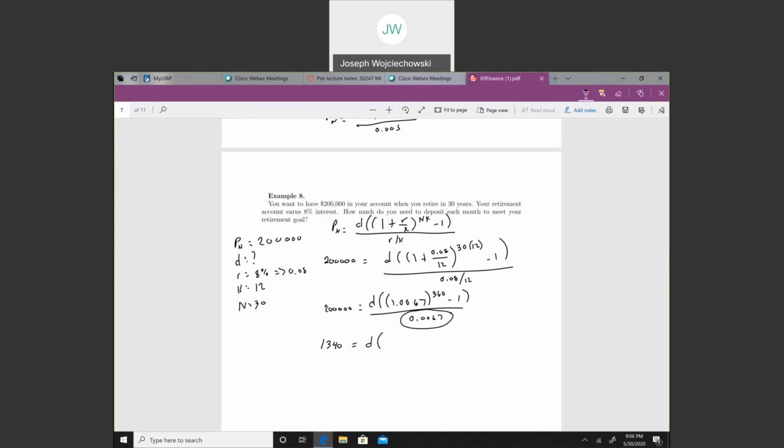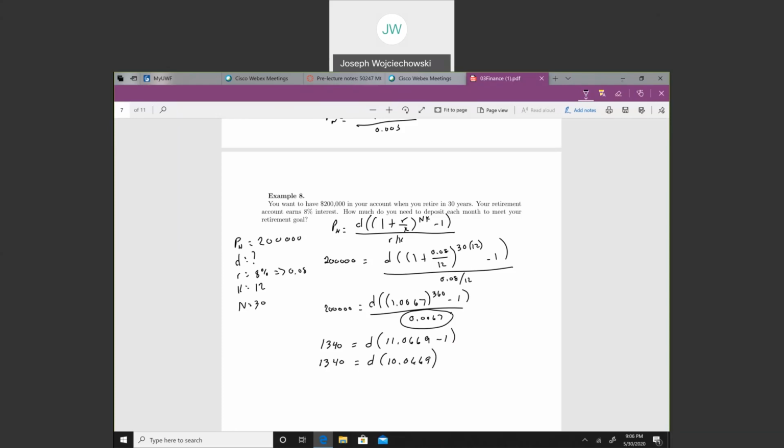And then I have this 1.0067 to the 360th power, which is 11.0669, rounded to 4 decimal places, minus 1. And the fraction goes away, of course. I have 1340 equals D times 10.0669.